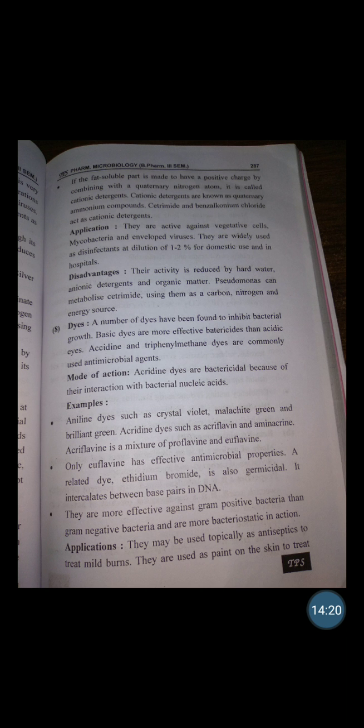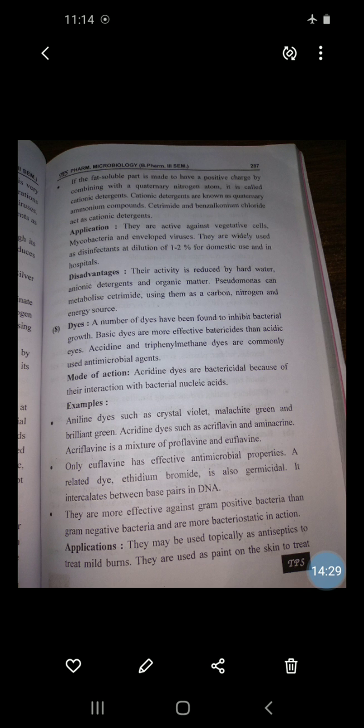Application of ethylene oxide: it is a highly effective chemosterilant and capable of killing spores rapidly. Since it is highly flammable, it is usually combined with CO2 or difluoromethane, that is 10% CO2 and 90% of the other gas.